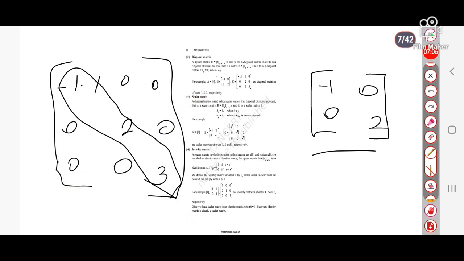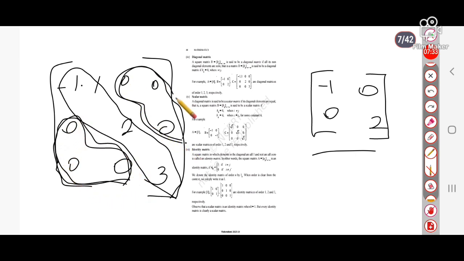Now in this diagonal matrix, see, these portions are not coming under the diagonal, so those elements are 0. So a diagonal matrix states that a square matrix is said to be a diagonal matrix if its non-diagonal elements are 0. Non-diagonal elements means the elements that don't come inside the diagonal. These are the diagonal elements, right? This is the diagonal of the matrix.